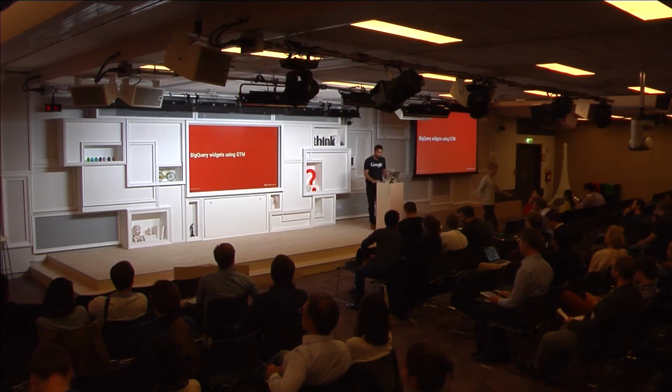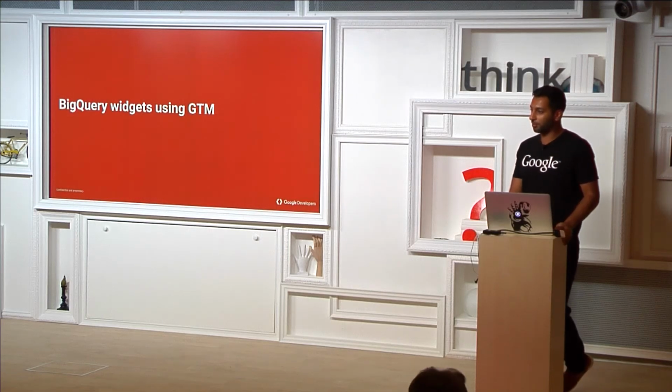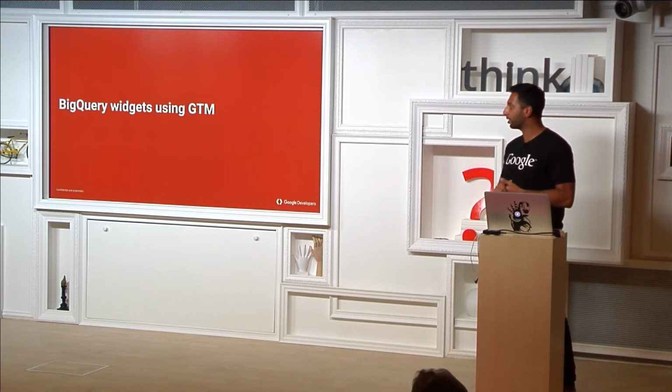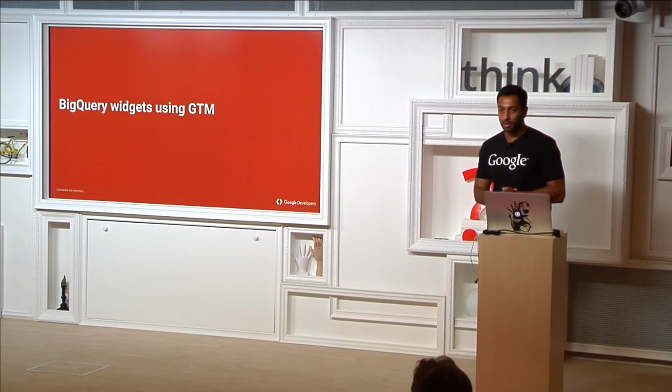Cool. So one of the things we try and obviously do at Google is combine the different technologies. Another Google product you might have heard of is Google BigQuery. If you haven't, it's kind of Google's big data solution. So we have clients that are pushing their analytics data into BigQuery, pushing different types of data.